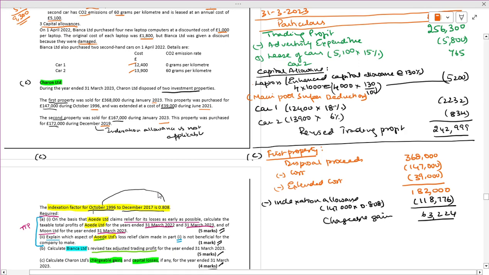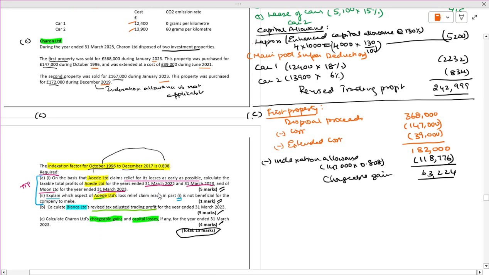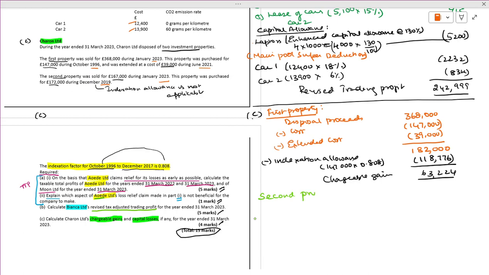Why we have taken the indexation allowance, why we have ignored it? Students will just straight away think about why it is taken or not taken. Again, indexation allowance is for the duration between October 1996 till December 2017.